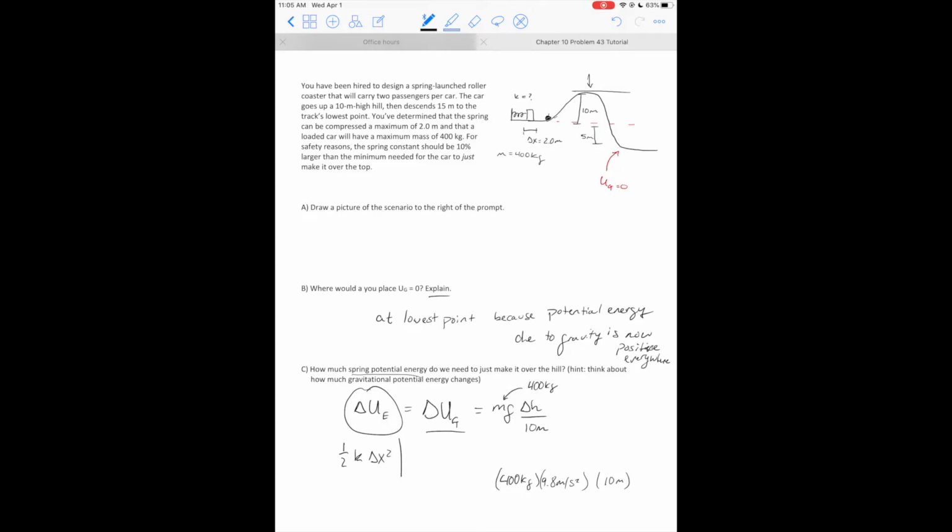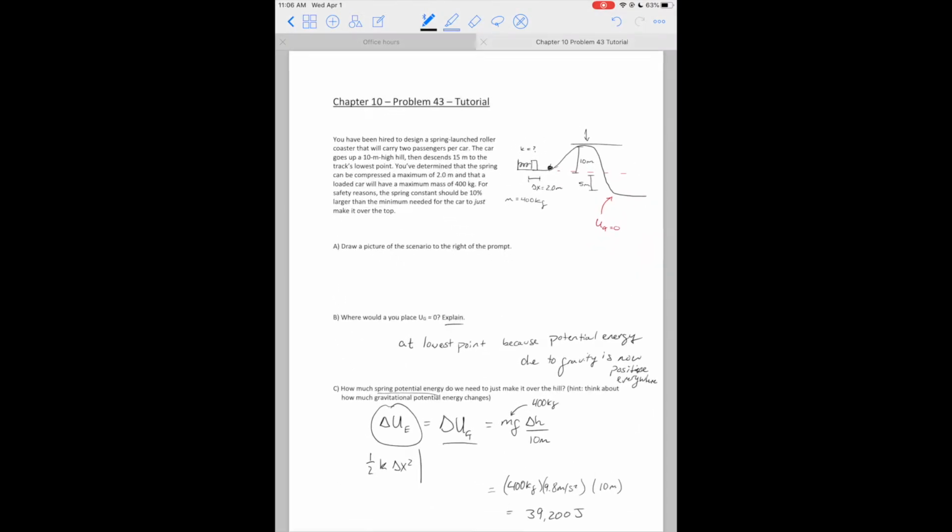And if I throw this into a calculator, 400 times 9.8 times 10 gives me 39,200 joules worth of energy. So that is how much spring potential energy we need as well, right? That's just to get over the top of the hill.